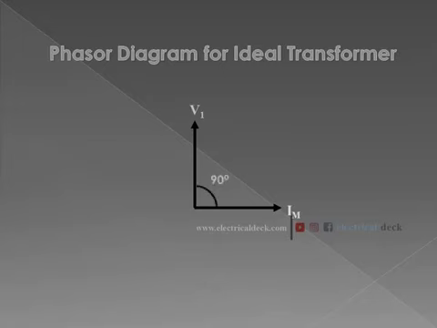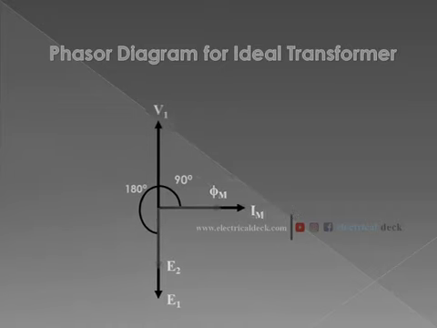The magnetizing flux, phi M, also lies in phase with the magnetizing current, I M. The primary induced EMF, E1, is opposite to the supply voltage, that is, a 180-degree phase difference with the supply voltage. The secondary induced EMF, E2, lies in phase with the primary induced EMF, E1.